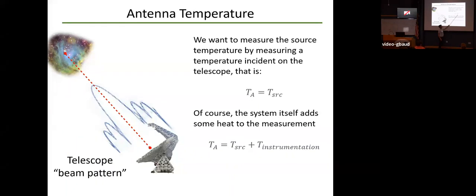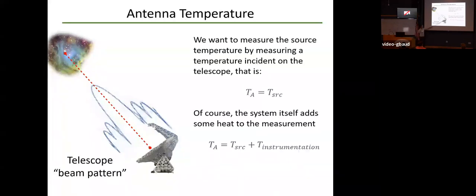We want to know the truth about our object out in space, but what we are actually measuring is T_A, the antenna temperature. The signal you're seeing from the GBT is a combination not just of your source temperature, but all these other things adding themselves into the system. The system itself adds some heat to the measurement. We'll call that T instrumentation.